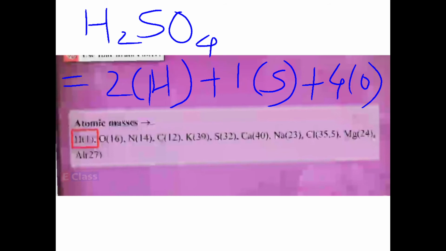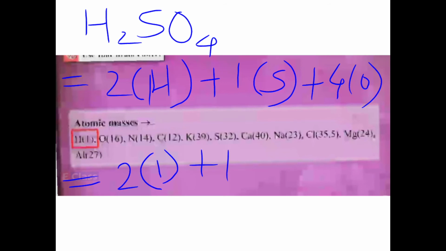Once you do this, after this, you are going to write down the atomic mass of the different substances. So you have two hydrogens. What is the atomic mass of hydrogen? See in this part and tell me. Atomic masses are there on the screen. Yes, very good, 1.